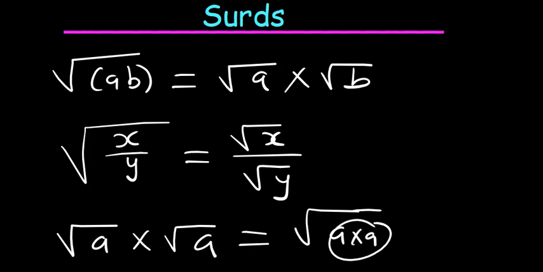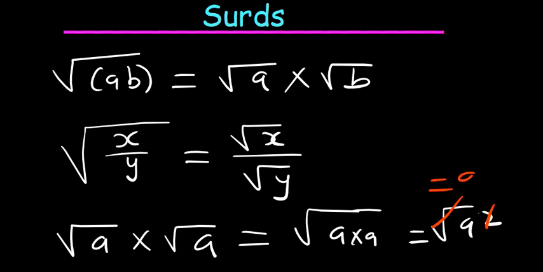Now a multiplied by a is a squared, so I have the square root of a squared. The square and the root cancel, therefore you're just going to remain with a. So the square root of a multiplied by the square root of a will just give you a. That is a very important and powerful concept.